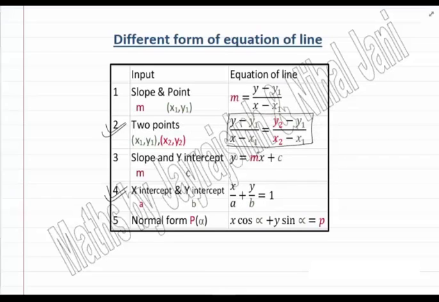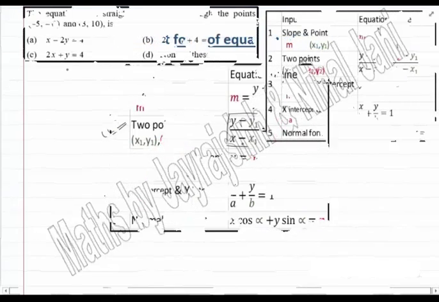You just need to read the question carefully, get the points, and put them in the equation to get your final answer. So without wasting time, let's go for the questions.